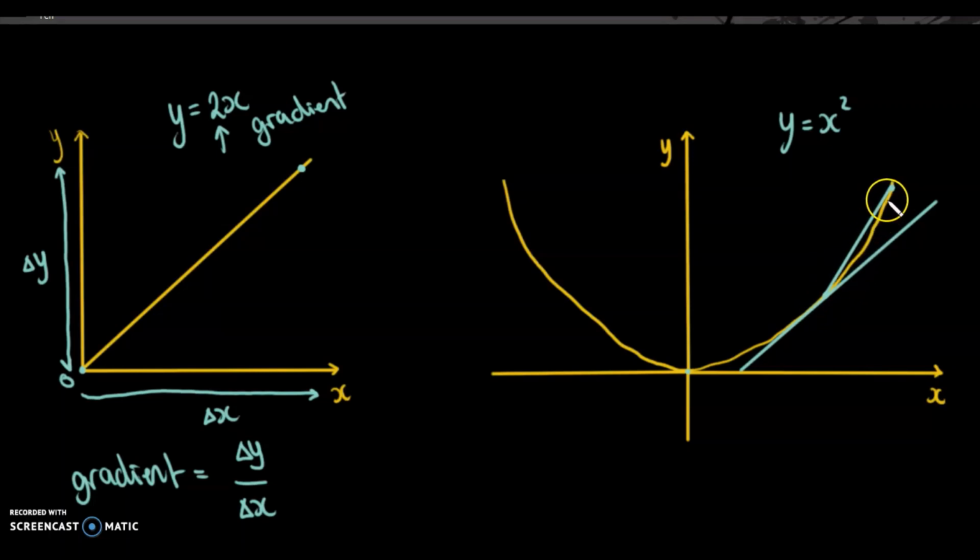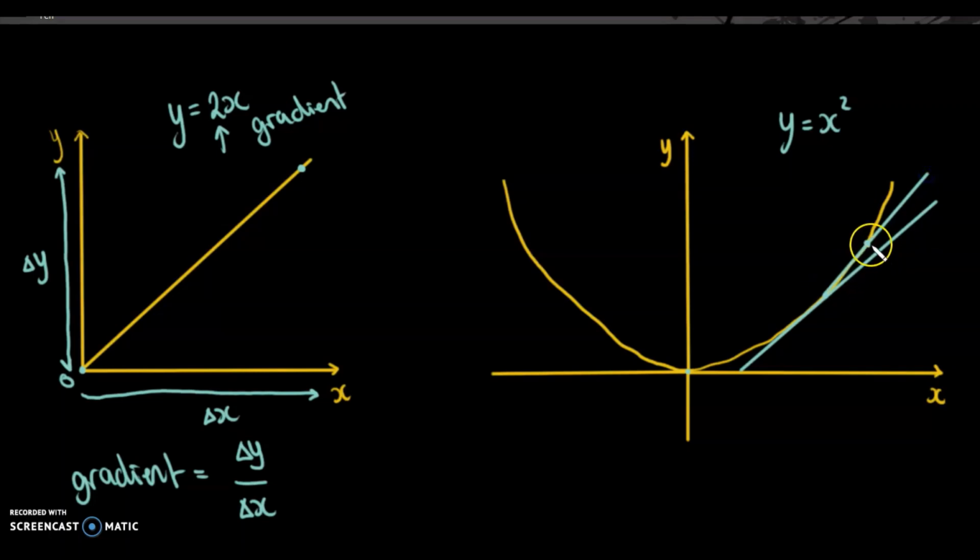Now, obviously, this here isn't the gradient at this point. We're still quite a bit off, as you can see. There's quite a large gap between the gradients of these two lines, but let's think about what would happen if we moved that point a little bit closer, down to here, let's say, and we drew a straight line connecting those 2 points.